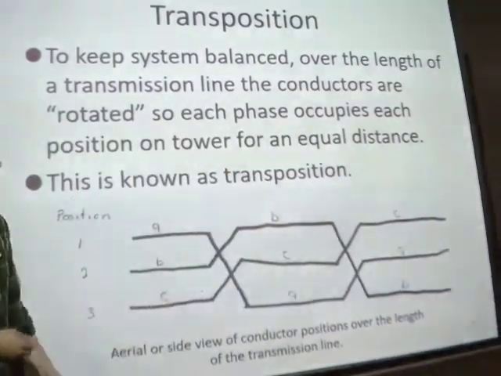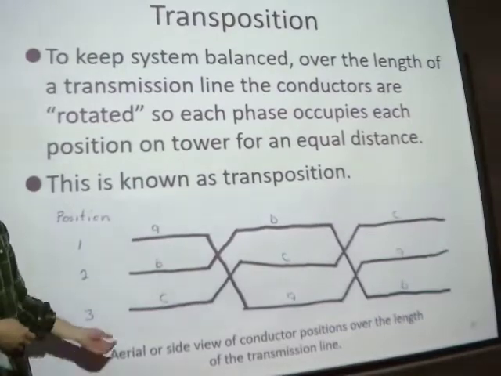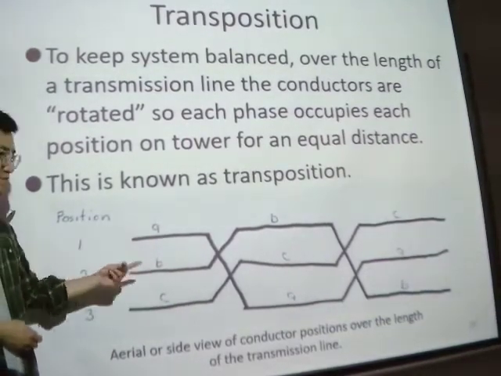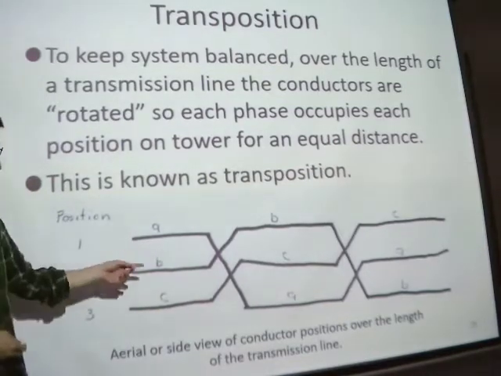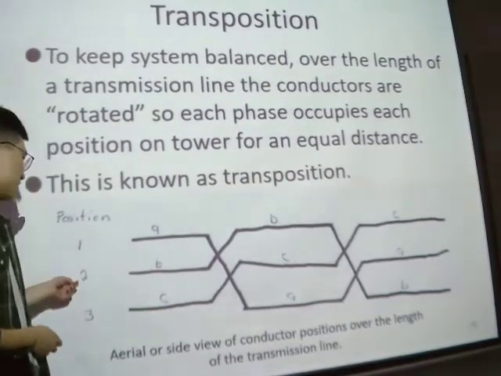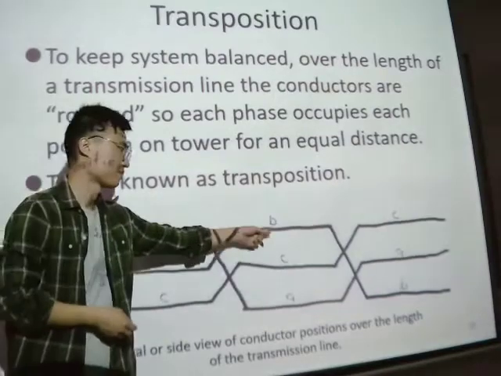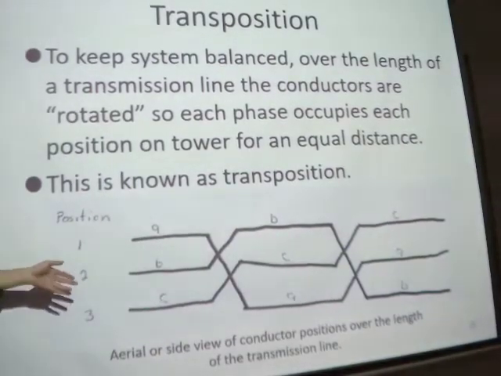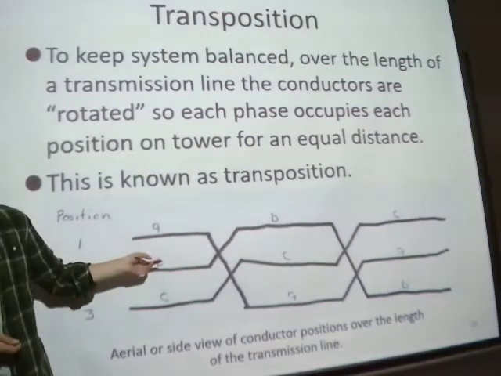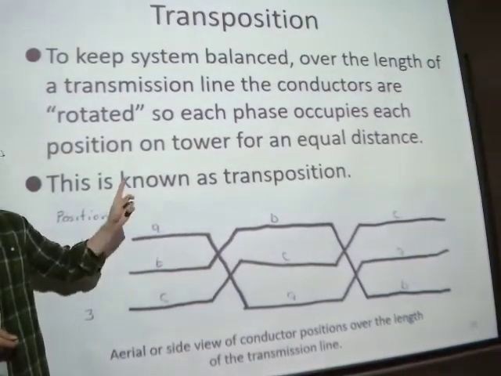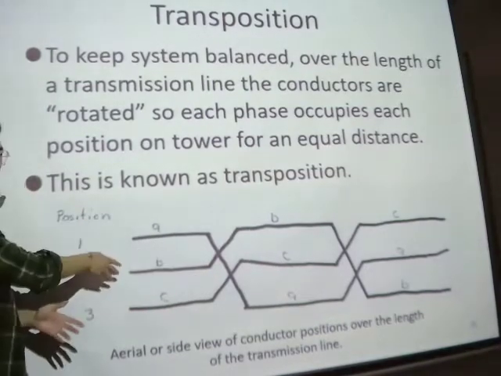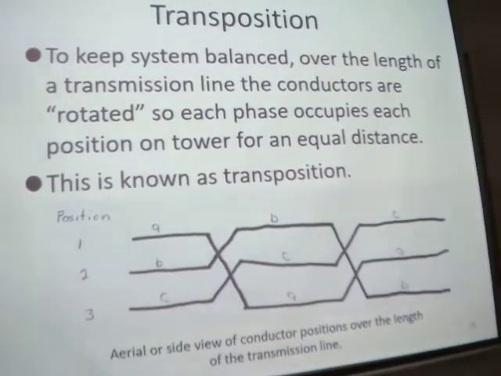We will call this one unit length of this transmission network, okay? Each phase of ABC will be in the second position, the first position, the third position, okay? In that case, the three-phase system within one unit length is like this, and we will view it as a balanced three-phase system, okay?